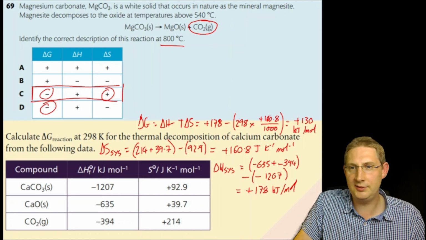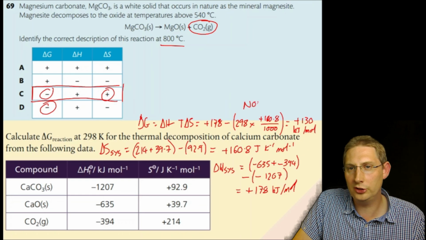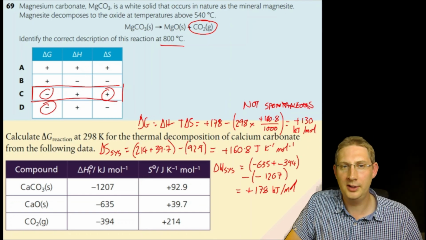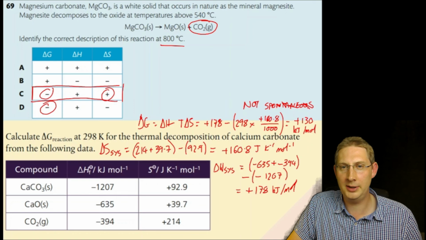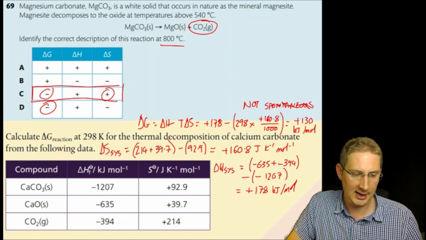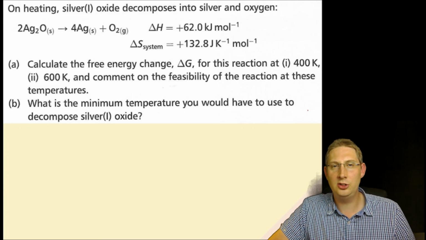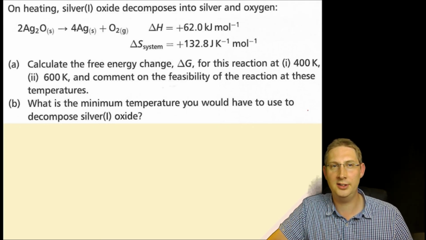This is a positive number, so it's not spontaneous. And again, that's what we were expecting from the fact that we know that calcium carbonate does not decompose at room temperature.